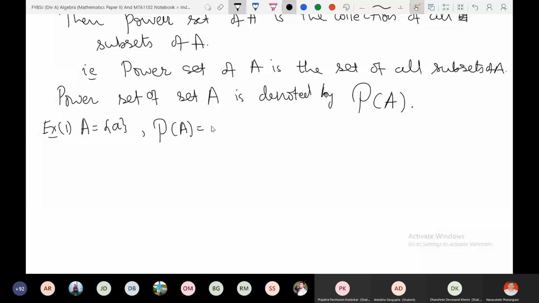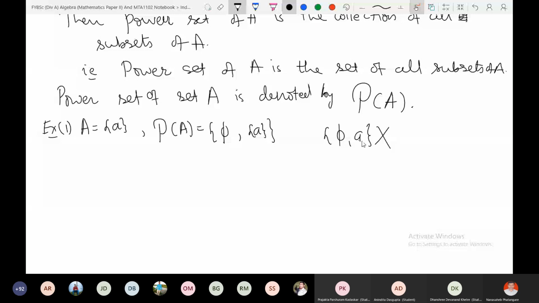Phi and set A. Very good. If I write this as phi and the element A, then this is not correct, because I want subsets of A, and the element A is not a subset.